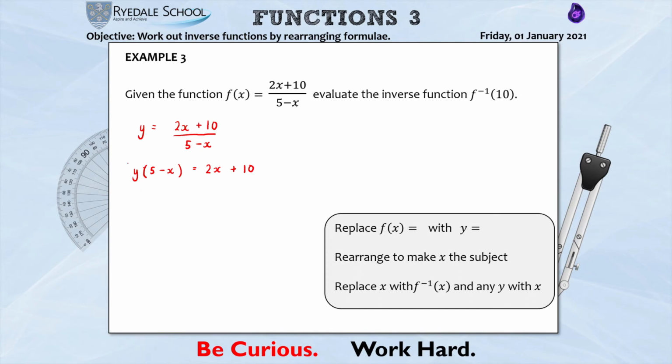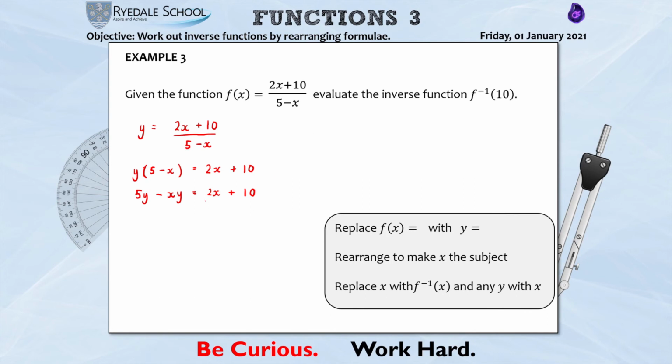I am now going to expand my bracket. So 5y take away xy equals 2x plus 10. Now, do you remember from here what you need to do to make x the subject? Well, I need to get all the terms with x on one side and all the terms without x on the other side.